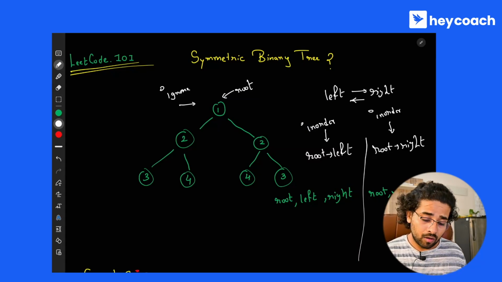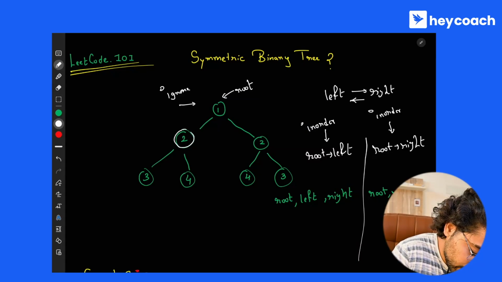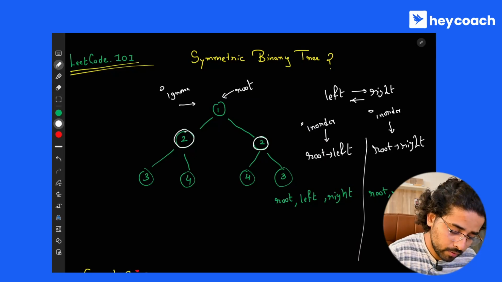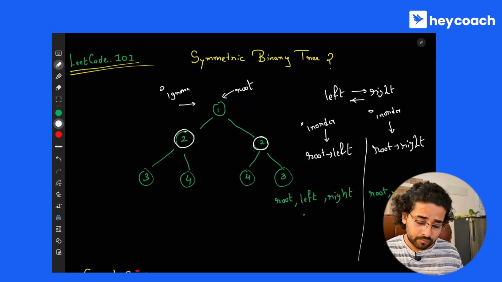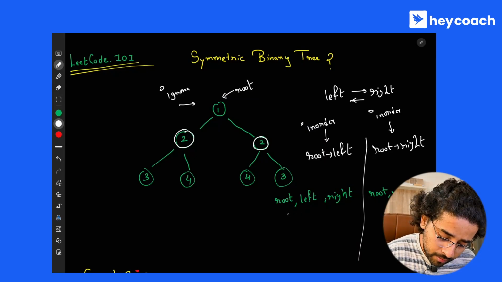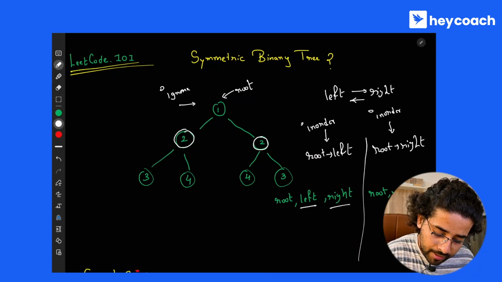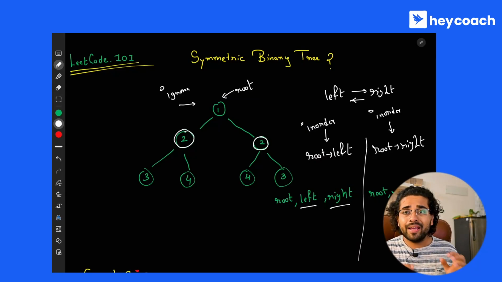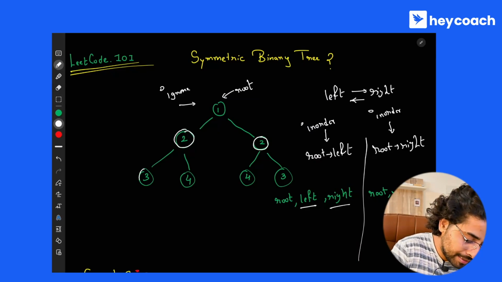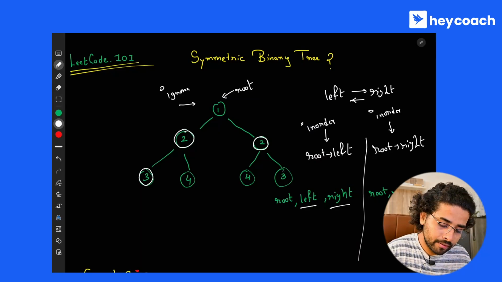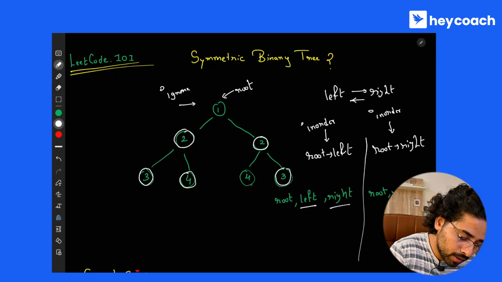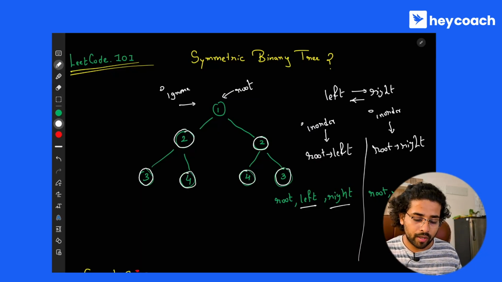Or we can say we are comparing these two values and these two values. As you can see, left is compared by right, right is compared by left. By writing this condition, we will make sure that this 3 is compared to this 3 and this 4 is compared to this 4.